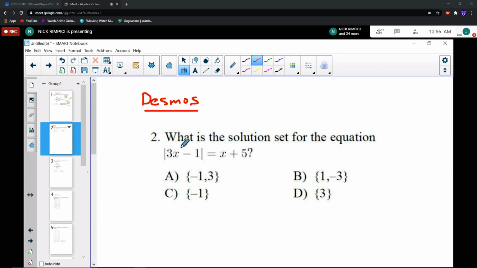When you're using Desmos, the left side has to go in separately. So one equation is y equals the absolute value of 3x minus 1, and the other equation is y equals x plus 5. This is one function, and this is the other function, and we're going to see where they're equal. So let's go do that.